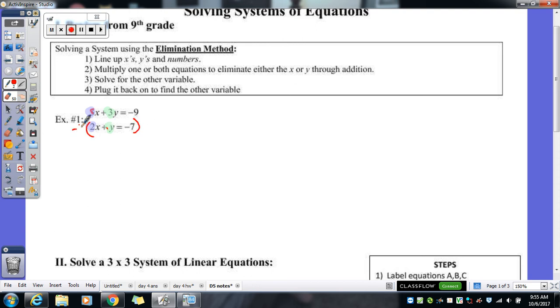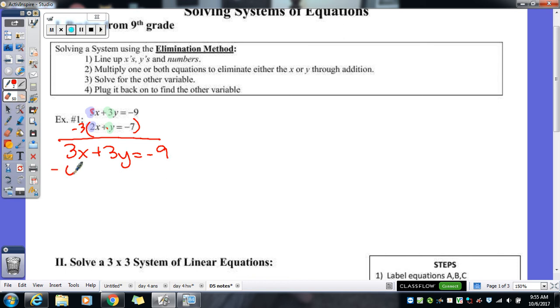So in order to do that, I need to multiply that equation times negative 3. My first one doesn't change from what it is. I just rewrite it. It's still 3x plus 3y equals negative 9, because I didn't do anything to that one. The second equation, however, I'm going to multiply everything times that negative 3.